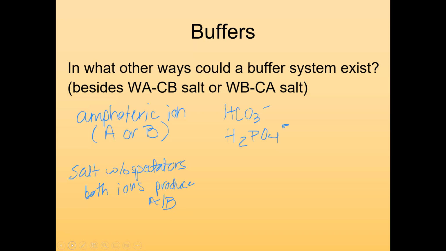We want things that cannot cancel, that cannot produce those spectators. So an example here would be ammonium nitrite, because if you look at our salts, ammonium can produce ammonia, whereas the nitrite can produce nitrous acid.